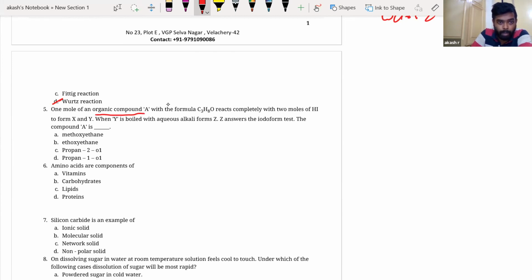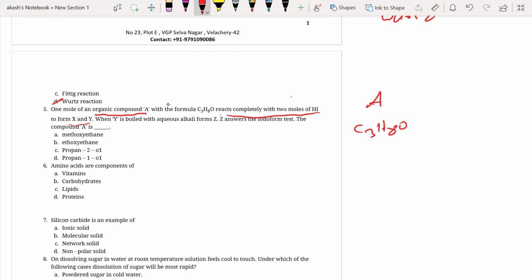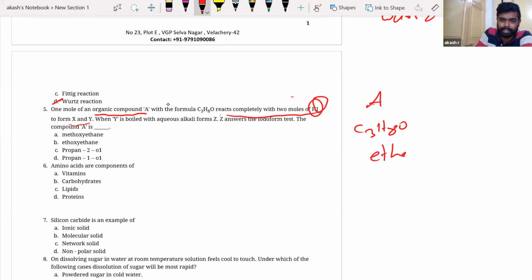1 mole of an organic compound A, which is having a formula of C3H8O, completely reacts with 2 moles of HI to form X and Y. Now, the moment you see HI and it is forming 2 compounds X and Y, definitely I would have decided that this is an ether. Why?